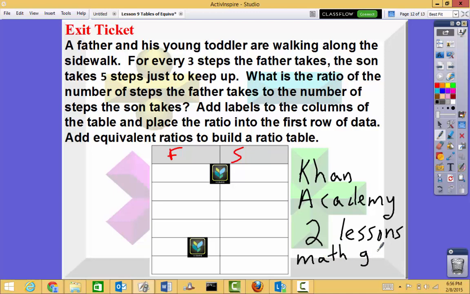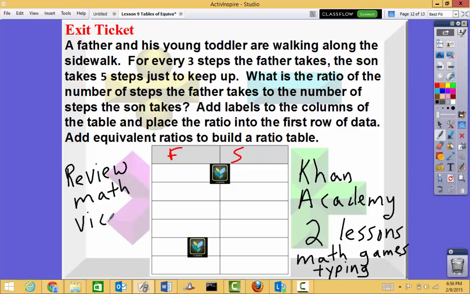That includes Ratio Rumble. Or you may go to typing games. Either one is okay. You may also, if you want to, review math videos, if you owe me a makeup test. Any of those options are fine after you've answered your Socrative questions and you have done that Khan Academy. Alright, good luck.